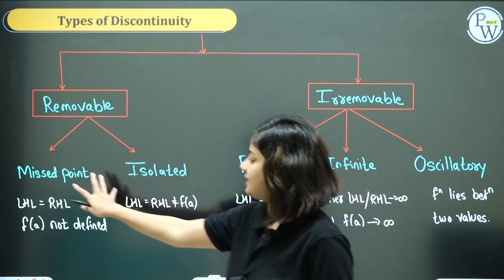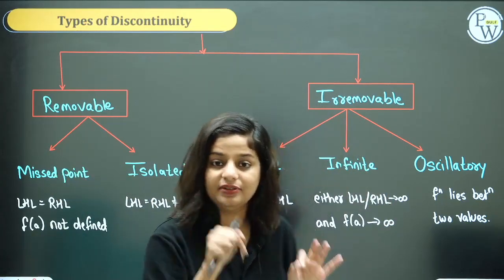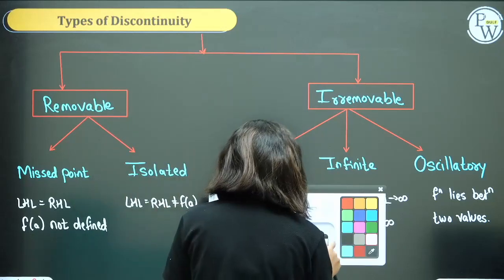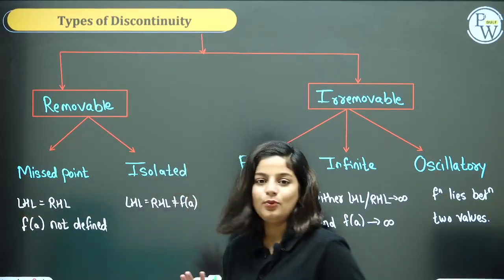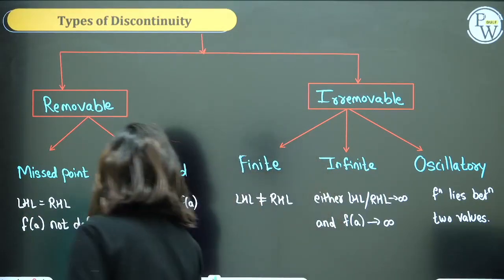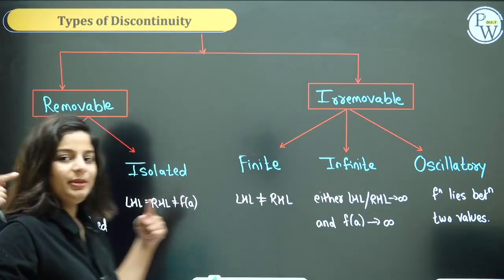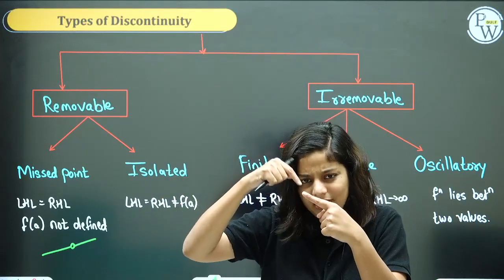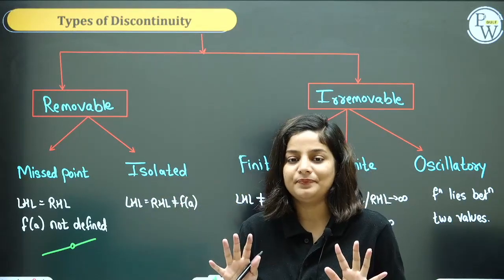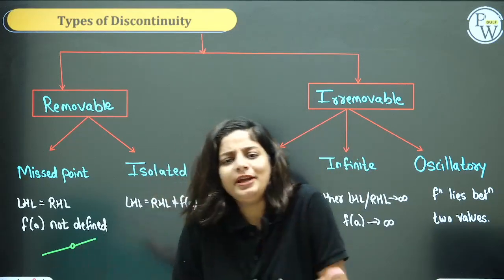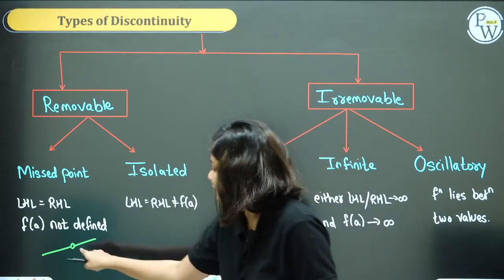So removable discontinuity, what is the missed point discontinuity? The point that I just now spoke of. When the LHL is equal to RHL but f of a is not defined. Like, nicely, your left and right hand graph are coming and meeting, but the point is not defined. So how can you make it continuous? You define that point.